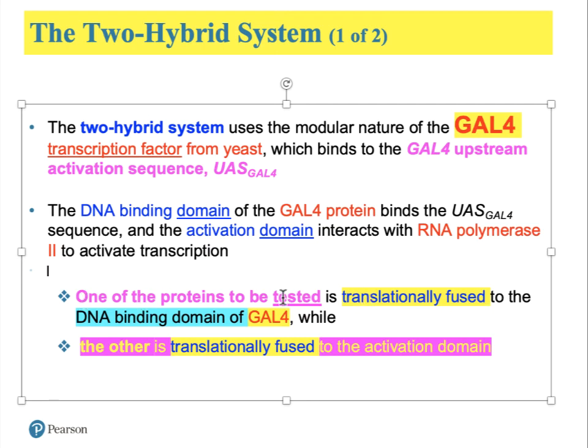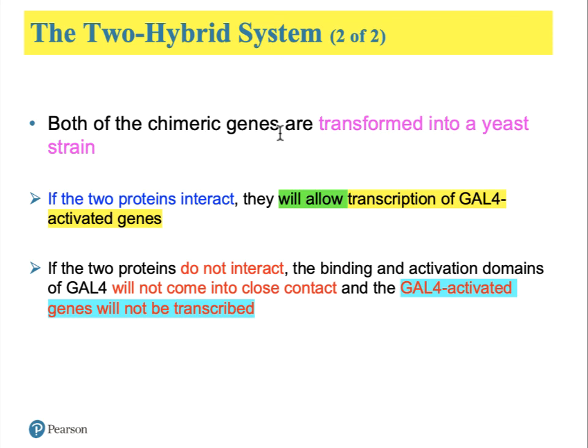So one of the proteins to be tested is translationally fused to the DNA binding domain of Gal4, while the other is translationally fused to the activation domain that binds to the RNA polymerase II. These chimeric genes, both of them, are transformed into yeast strains, and then the yeast is allowed to express these proteins in its cells.